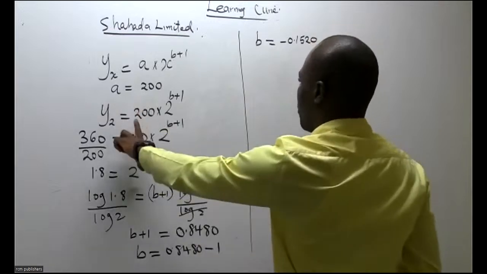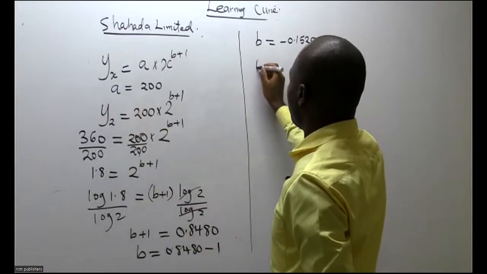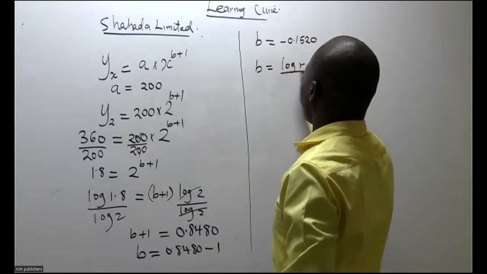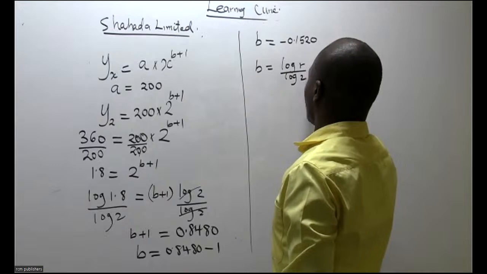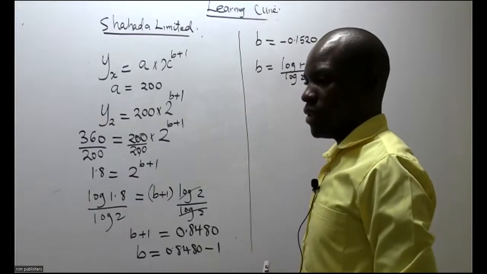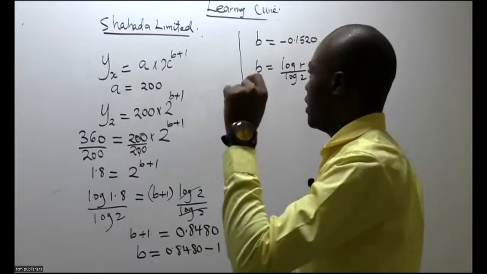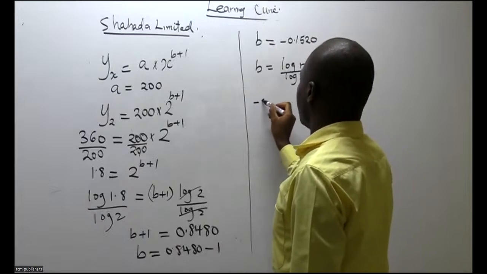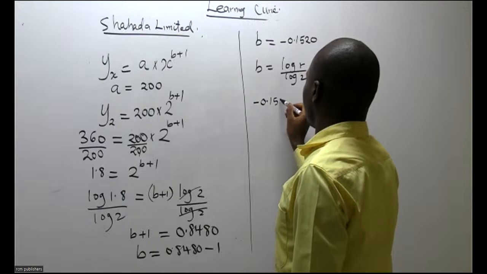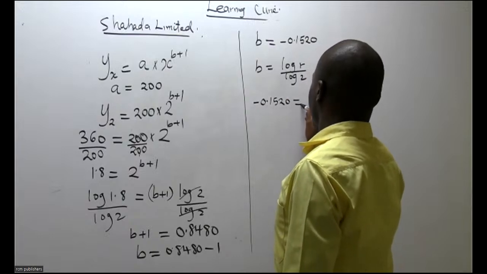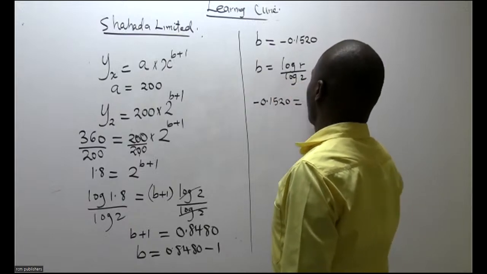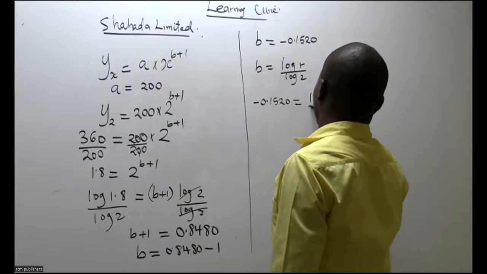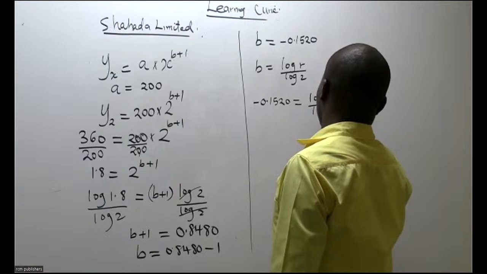Now come to our formula, which we said, how do we get B? B is equal to log R over log 2. Log R divided by log 2. So negative 0.1520, that is B, is equal to log R, which we do not have, divided by log 2.